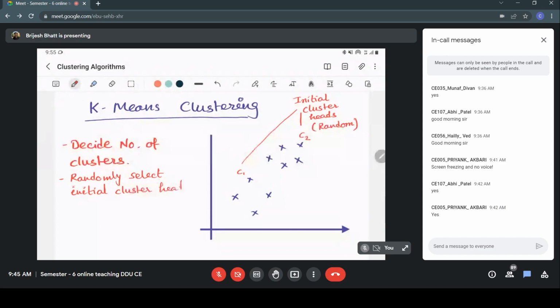We randomly select the initial cluster heads, and then we calculate the distance of each data point from both cluster heads.